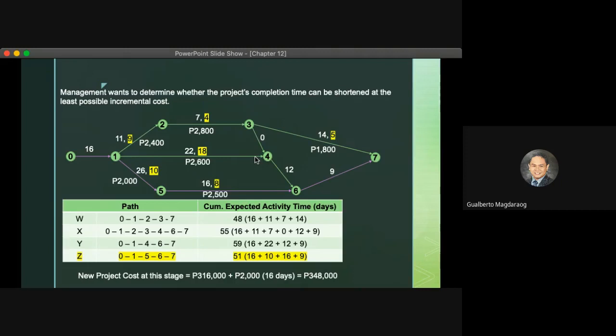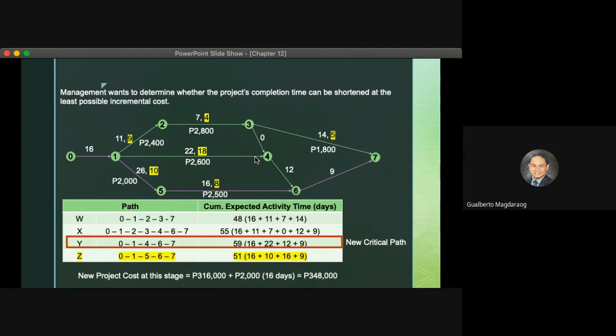we can recognize now that we have a new longest path, and that is path Y, from 0 to 1, 1 to 4, 4 to 6, and 6 to 7. It now has the longest days to finish, and that is 59 days.